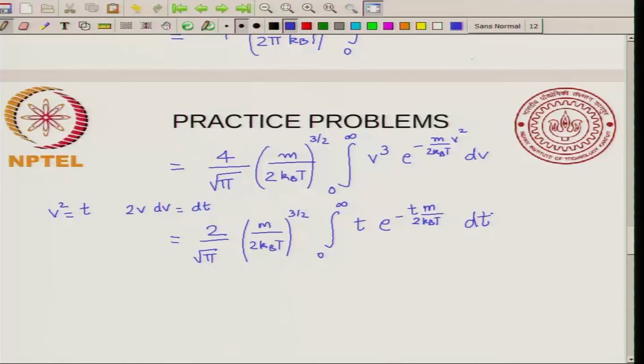When you integrate this by parts, you will get two terms. The first term will be t times the value of this integral, and the value of this integral is just exponential divided by a constant.